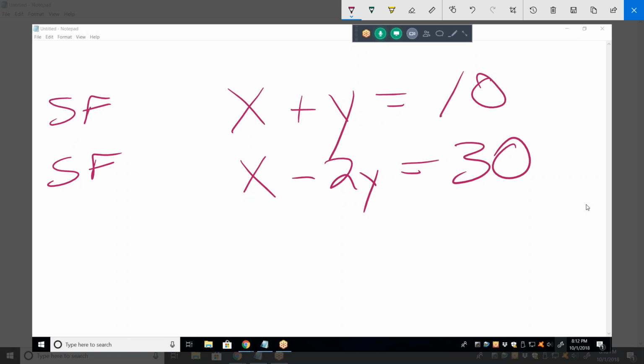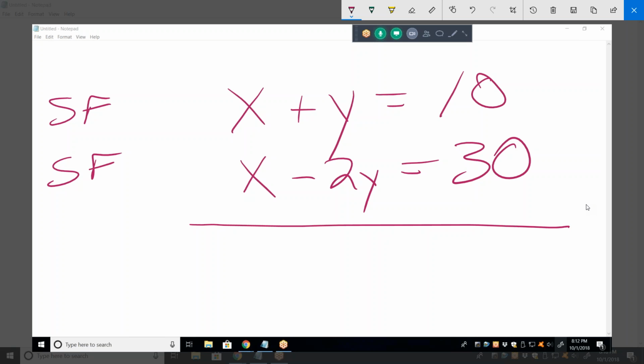Now, I'm going to try to solve this using elimination. Do I want to add these two or subtract them? What will eliminate a variable? Which operation? Addition? Now I'll end up with 2x minus 1y equals 40.